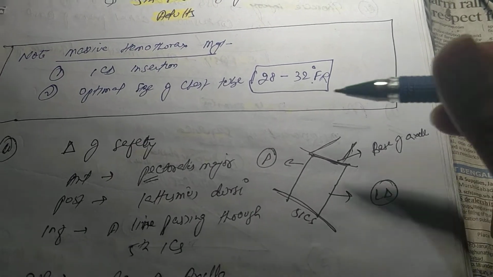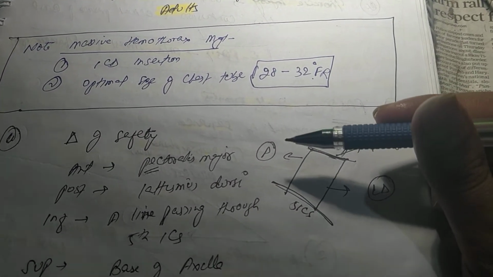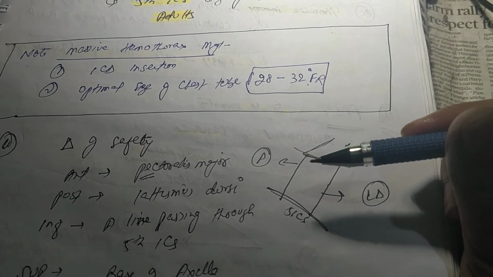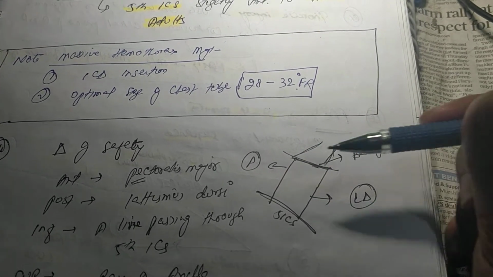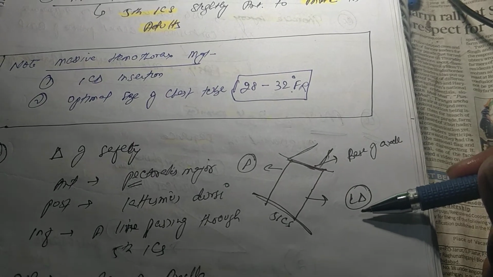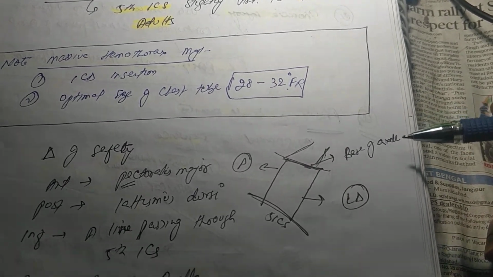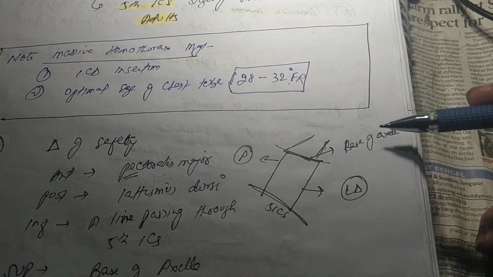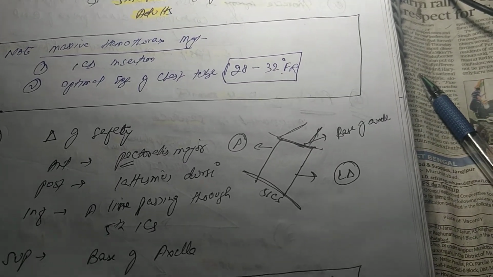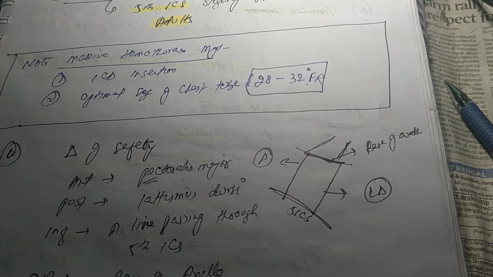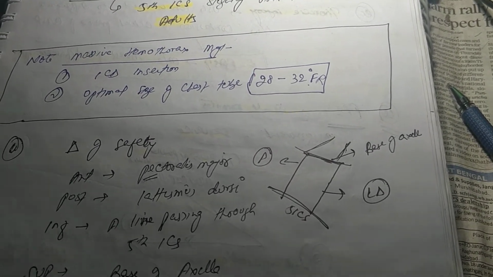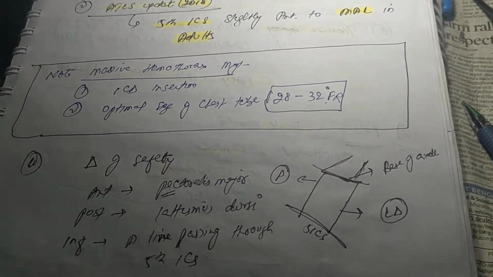If you see it on the front side, you will find the pectoralis major. Just feel where your pectoralis major is. On the back side is the latissimus dorsi, and superiorly you can see the base of the axilla. Inferiorly you will find a line passing through the fifth intercostal space. So this is the boundary of the triangle of safety.